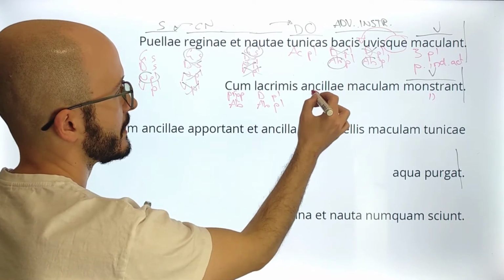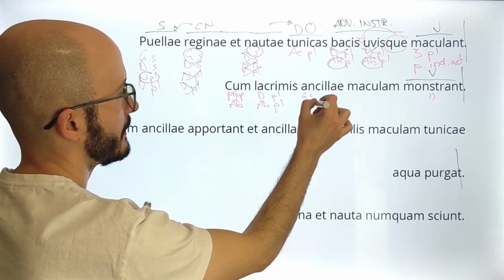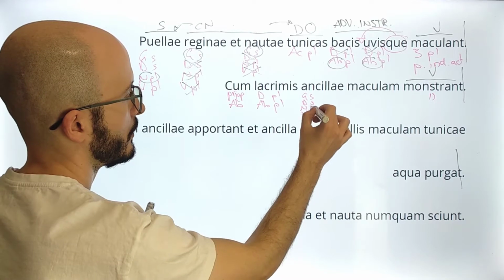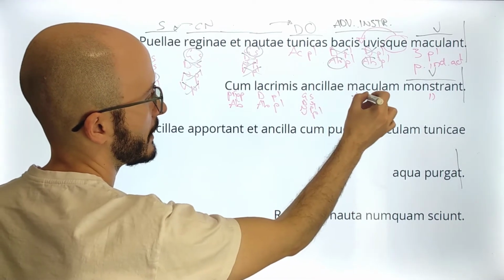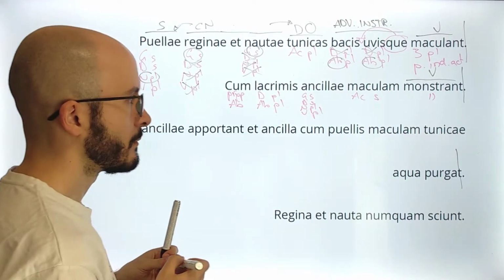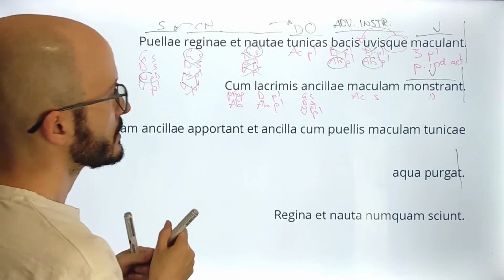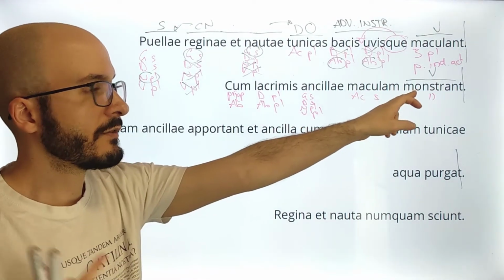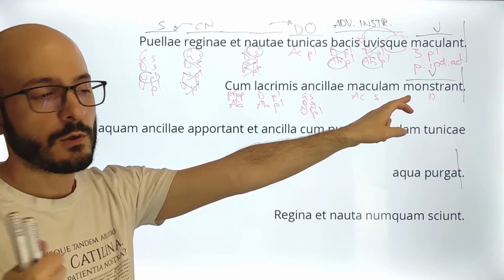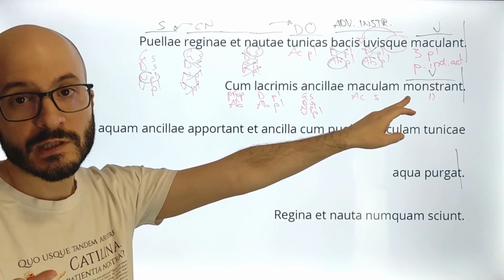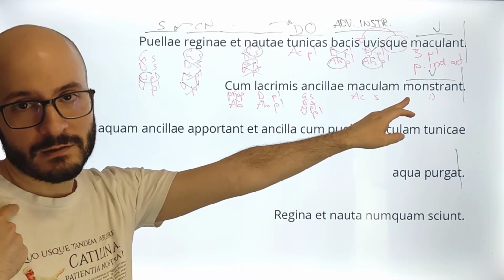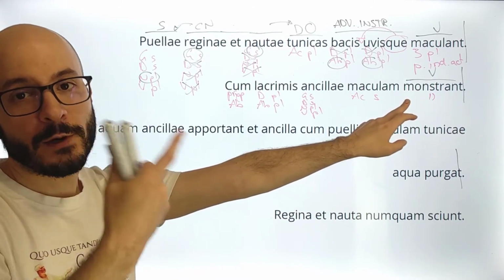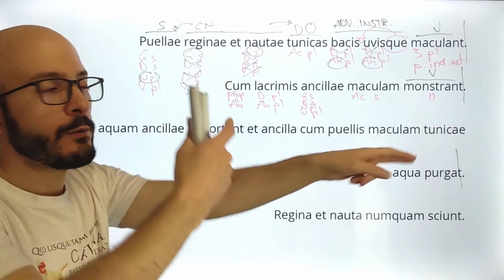Ancillae is genitive dative singular or nominative vocative plural. Maculam accusative singular. Okay? So here we have monstrant. This is like show. So I show something to someone. No? I, subject, show something, direct object, to someone, indirect object.